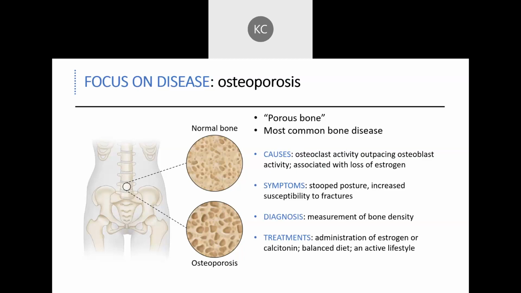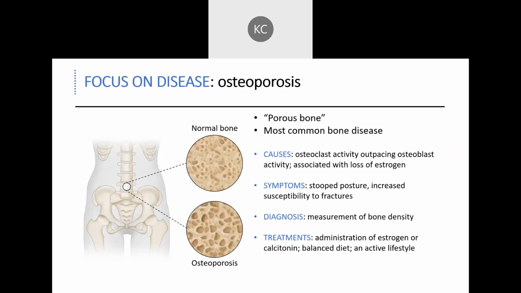You can have a balanced diet, making sure you're eating foods that have a rich supply of calcium, and then also an active lifestyle. This goes back to what we talked about in the last lecture with Wolff's Law, in the sense that our bones respond to the physical and mechanical stressors put on them. By having an active lifestyle, meaning some type of weight bearing activity, okay, so you're walking, you're running, you're doing jump rope.